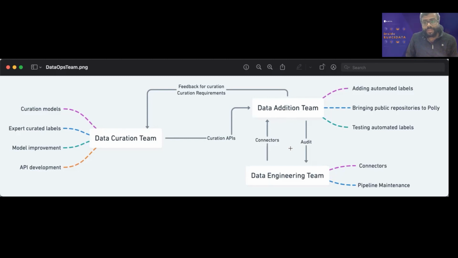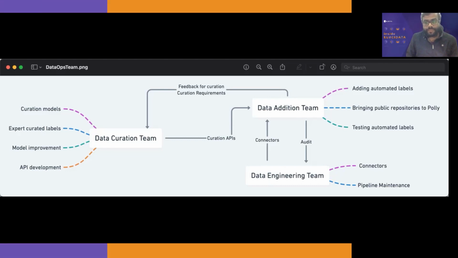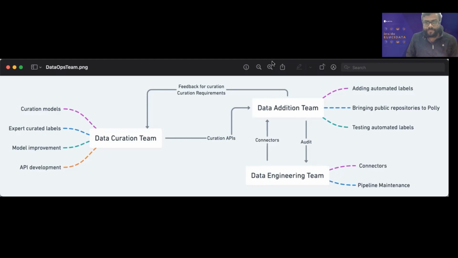They don't work in silo, in the sense that I'm not talking about one person, but the whole team has to do that job, and those bridges are what keep this together. I'm not saying in DevOps you don't have that, but here the very survival of the DataOps team depends on this. Several folks will have to play that part, and the human part is what makes DataOps very different from DevOps.